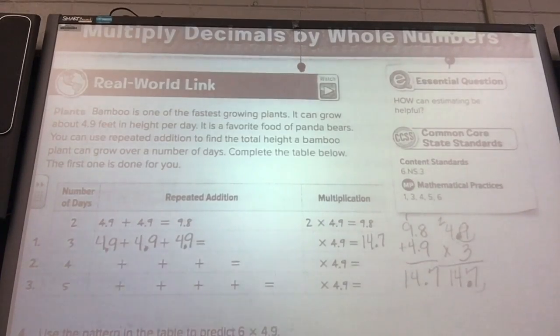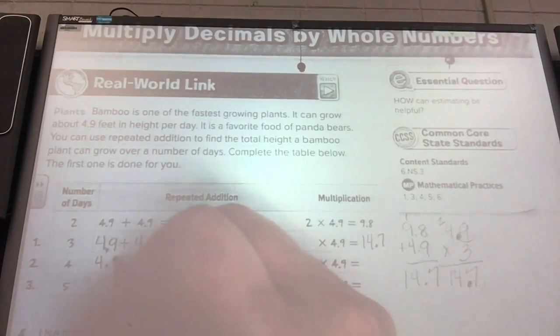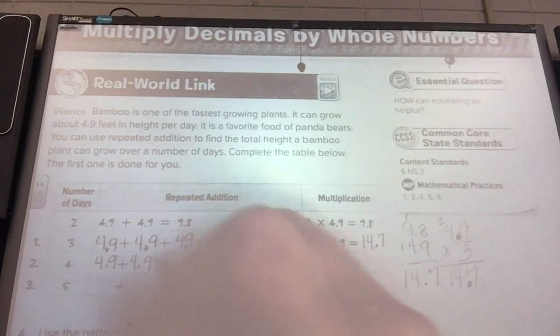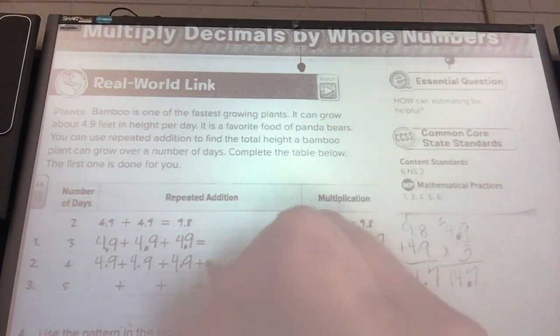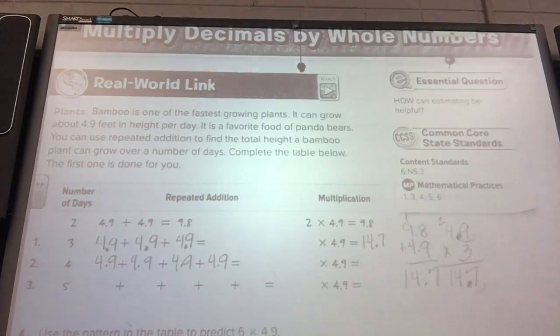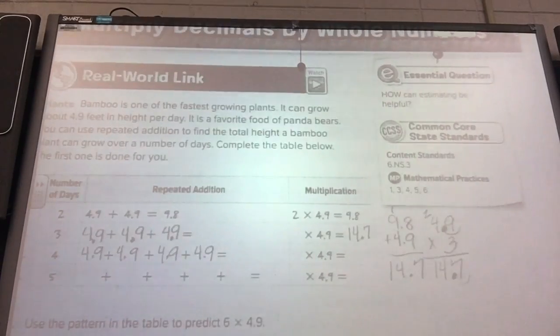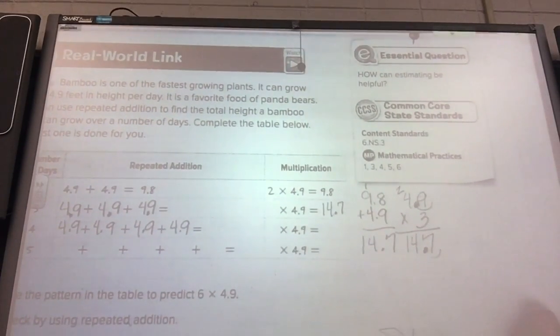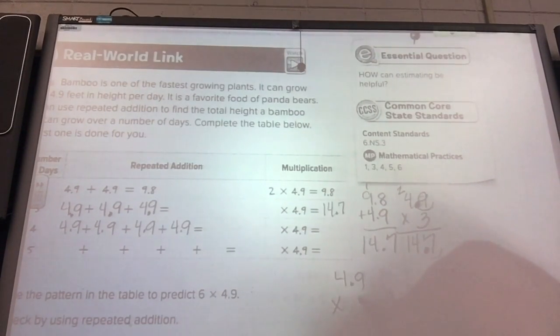All right, the next one. 4.9 plus 4.9 plus 4.9 plus 4.9. See how after a while this is going to get to be really long? Yeah, it is. So I'm going to go over here and say 4.9 times 4.